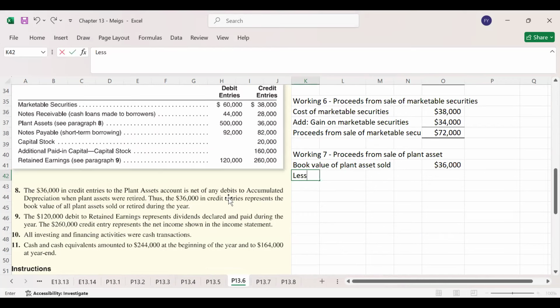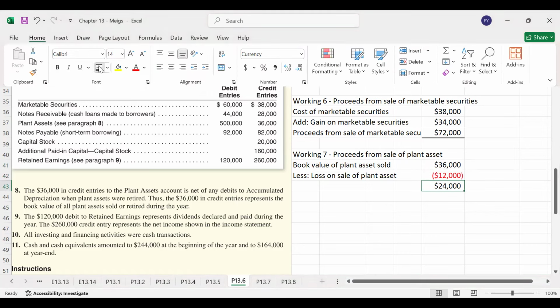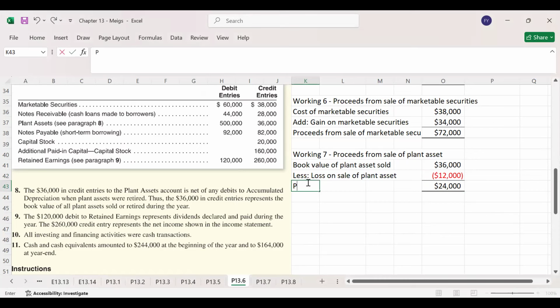So we deduct loss on sale of plant asset in order to get the actual cash received from the sale of that asset. So loss is $12,000. So we have actual receipts from the sale of that asset, which is $24,000. So here you can see this is proceeds from sale of plant asset.